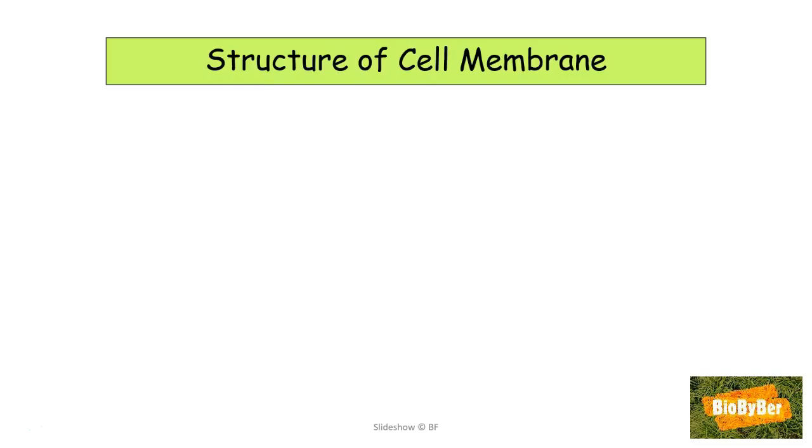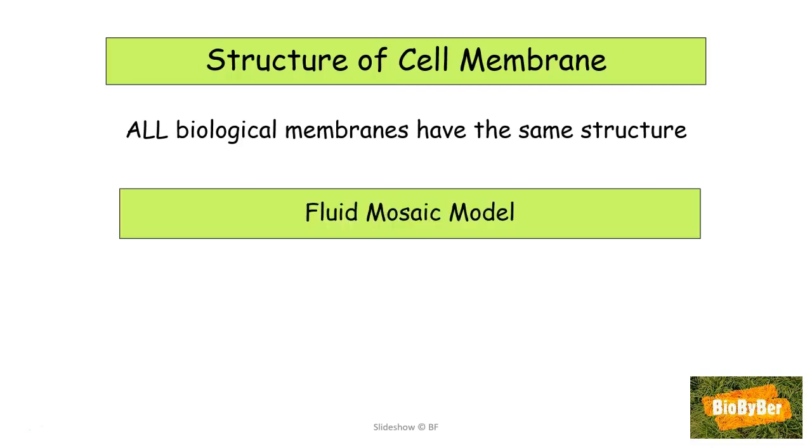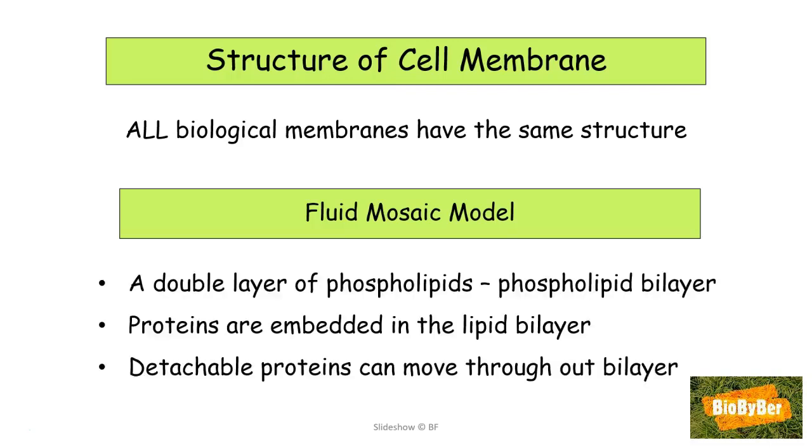So in a nutshell, what is the structure of the cell membrane? Well, all biological membranes, whether they are cell membranes, membranes around chloroplasts or membranes around nuclei, all have the same structure. The structure is called the fluid mosaic model.